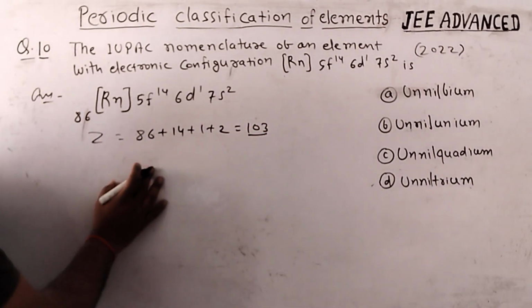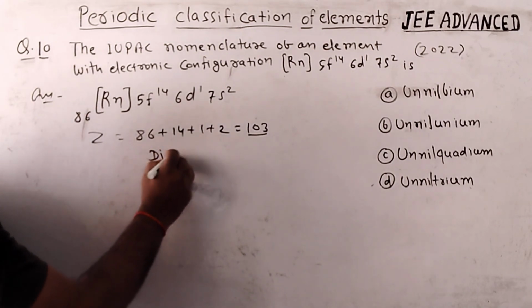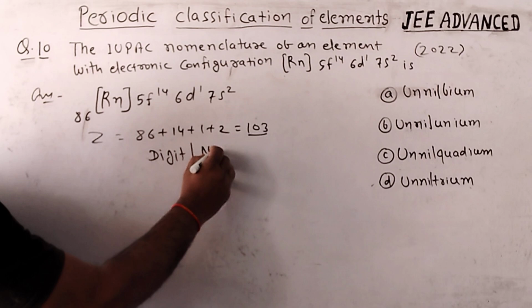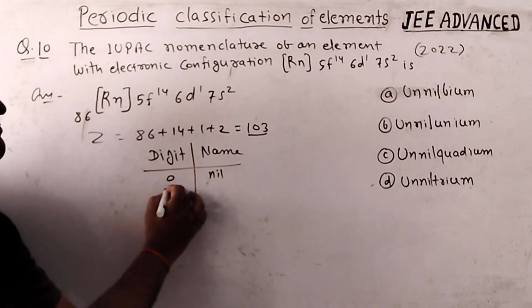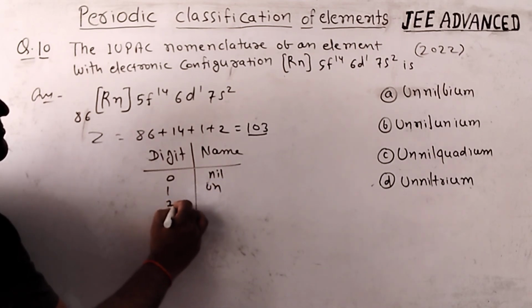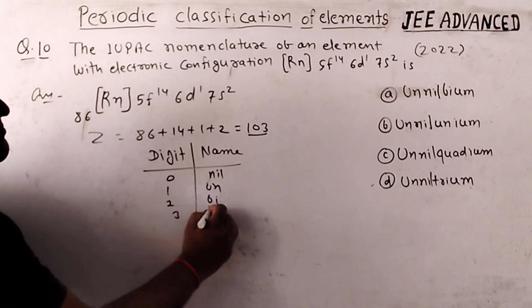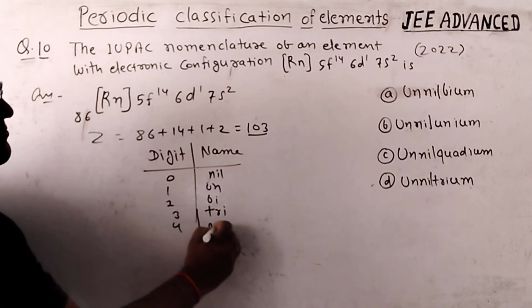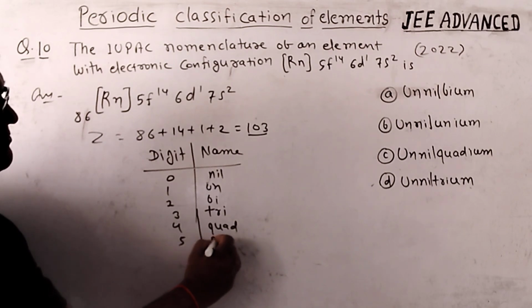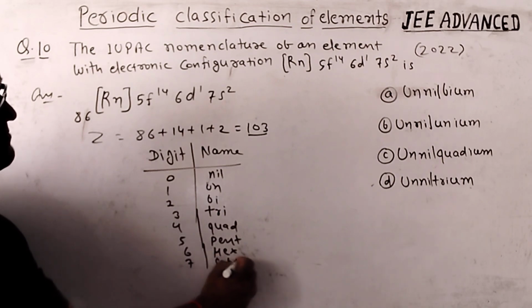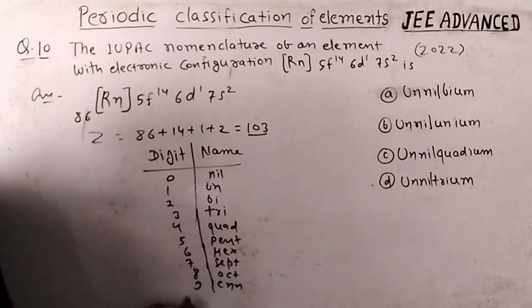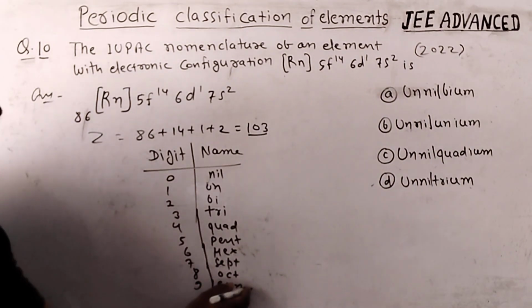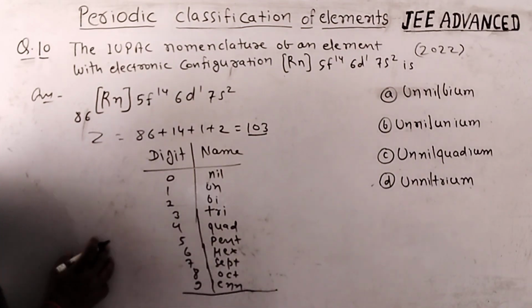Now from the IUPAC convention, the IUPAC name of each digit is: 0 is nil, 1 is un, 2 is bi, 3 is tri, 4 is quad, 5 is pent, 6 is hex, 7 is sept, 8 is oct, and 9 is enn. According to this convention, we can solve this question.